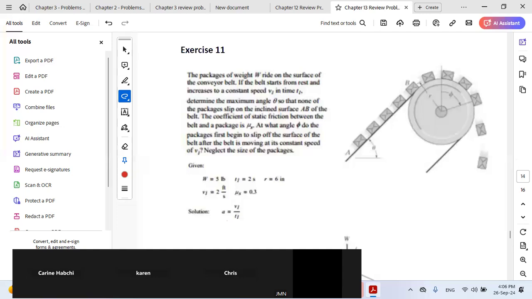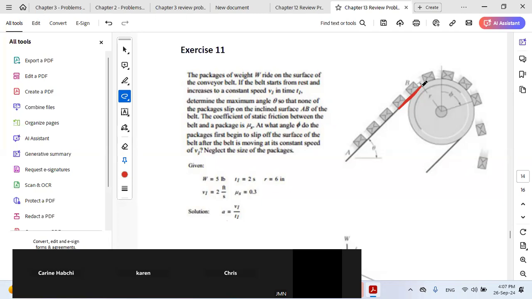Think about it. What do we mean when they say slipping? You have different velocities between the block and the belt. As long as the belt and the box have the same velocity, there is a no-slip condition. And whenever you have a no-slip condition, the friction between the two surfaces should be static. What is the limit of static friction? The static friction can increase until reaching its upper limit. What is its upper limit?